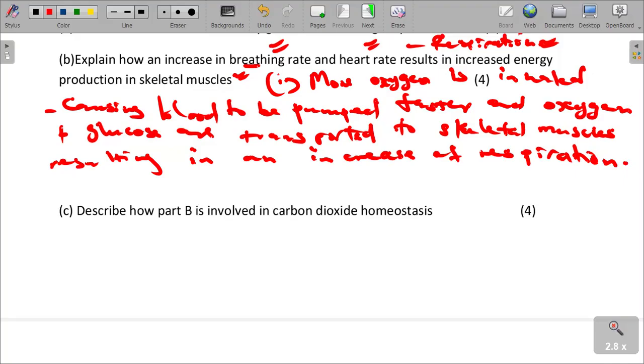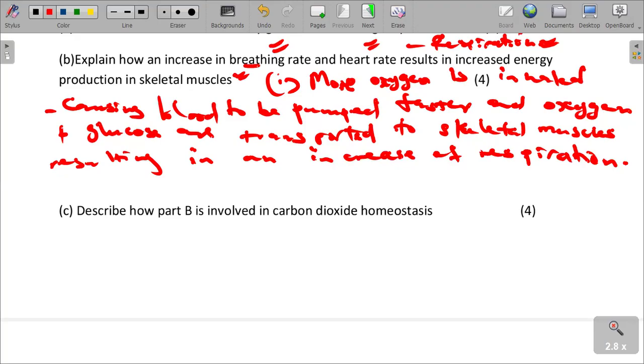Respiration increases. So the question wants you to explain how an increase in breathing and heart rate results in increased energy production in skeletal muscles, which is a respiration equation that you need to understand. The process of respiration is what you are accounting on.